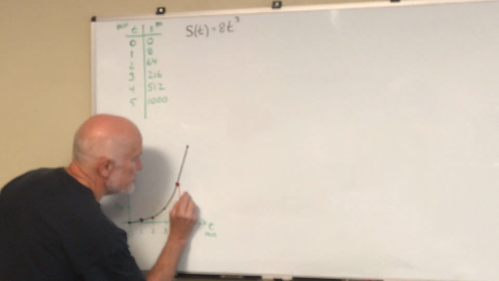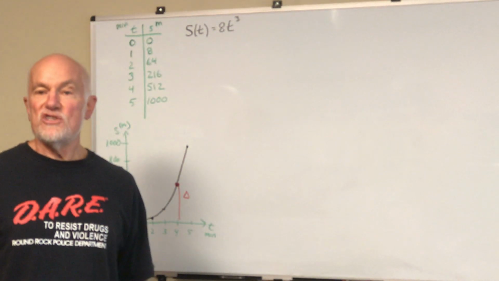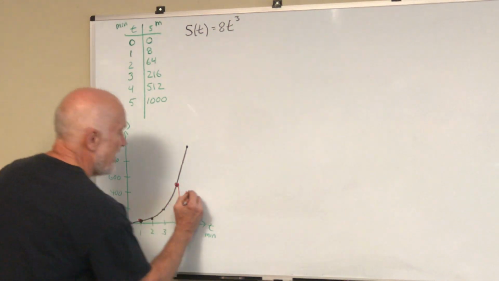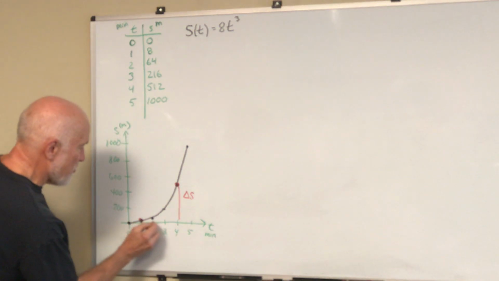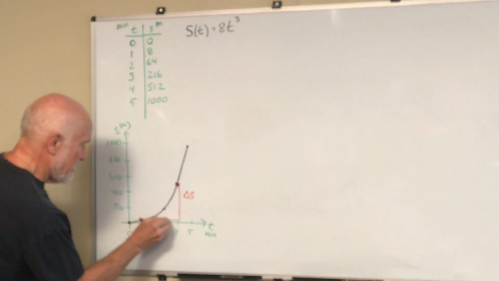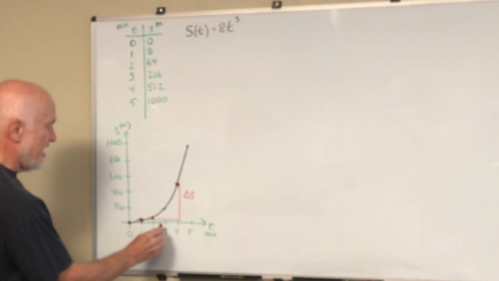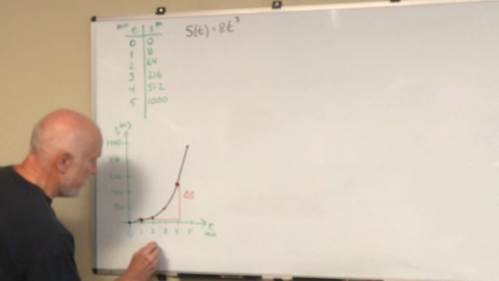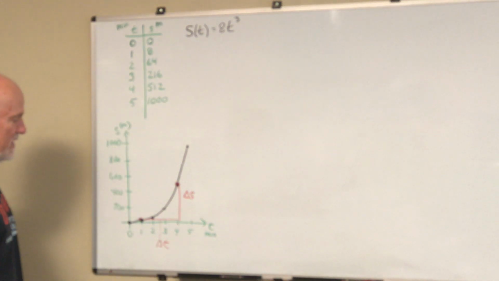And she wrote down, she said the Greeks used the letter delta to represent change. So she said this could be the change in position, and then in this direction, this is time 4 and this is time 1. So this right here she called the change in time.